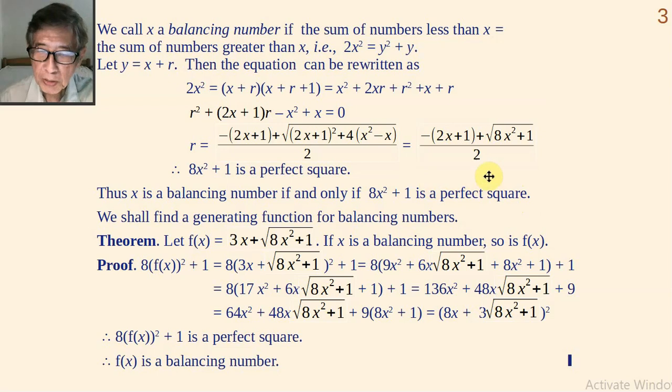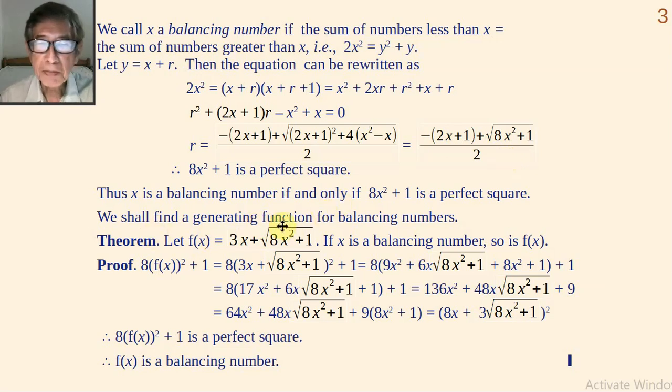If it's a perfect square, then this r will be a whole number because this is an odd number, whereas this is also an odd number because the square is odd. So you have an odd number minus another odd number that gives you an even number in the numerator. So divide by 2, you get a whole number.